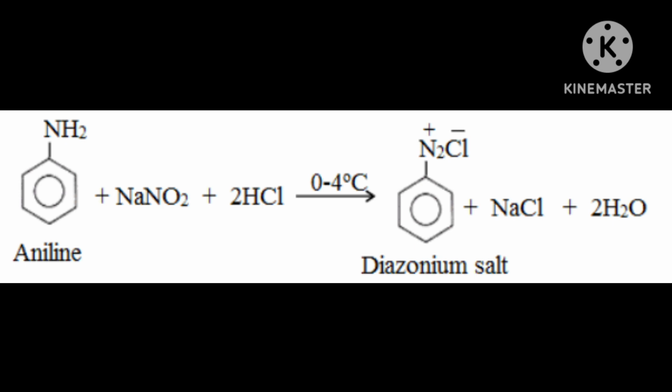The diazonium group, being a very good leaving group, is substituted by other groups such as chloride ion, bromide ion, iodide ion, cyanide ion and hydroxyl ion, which displace nitrogen from the aromatic ring.